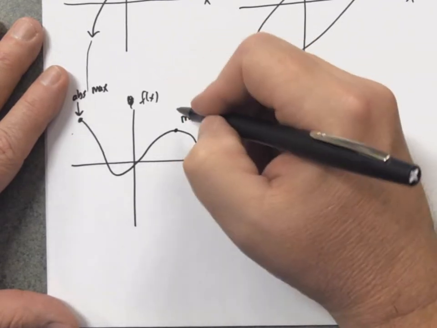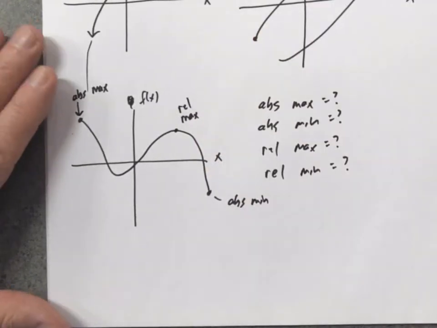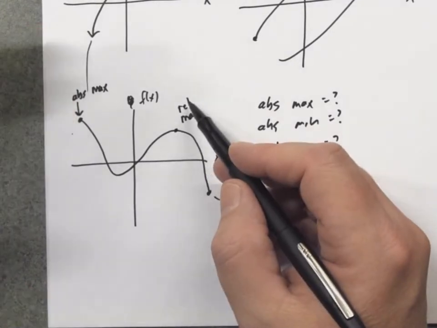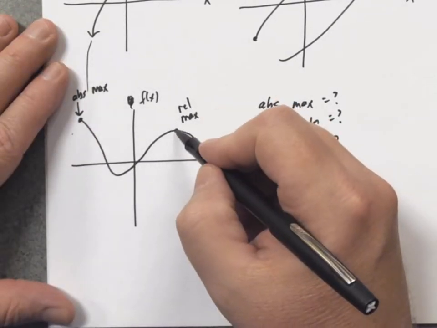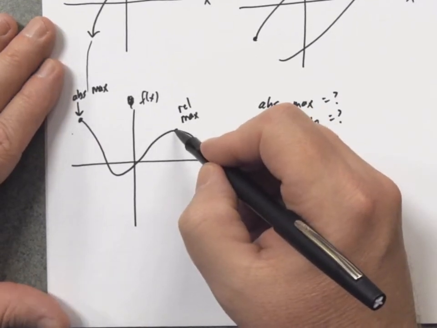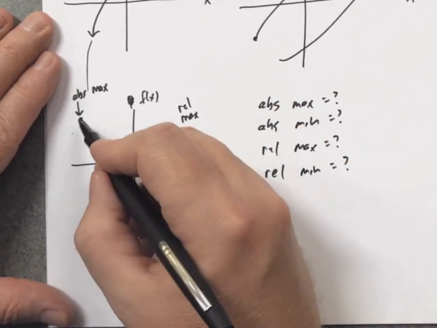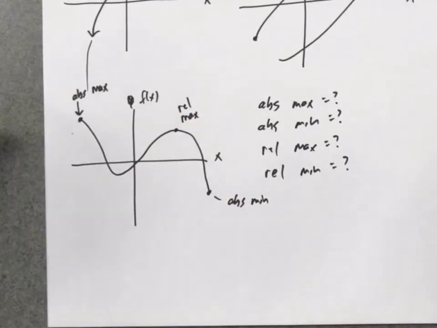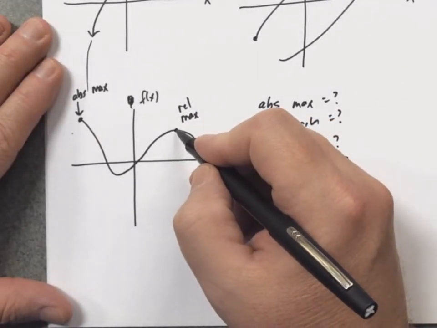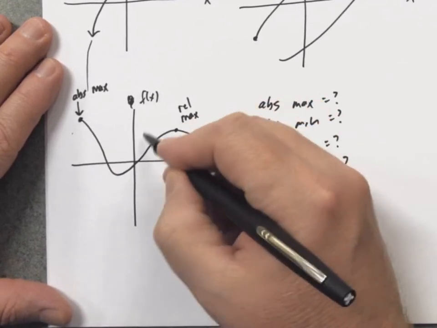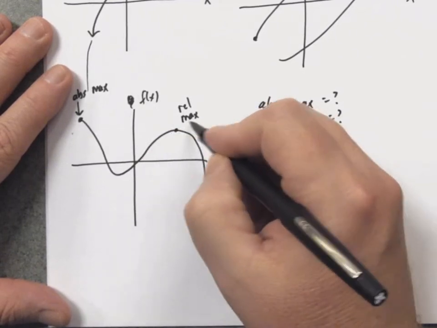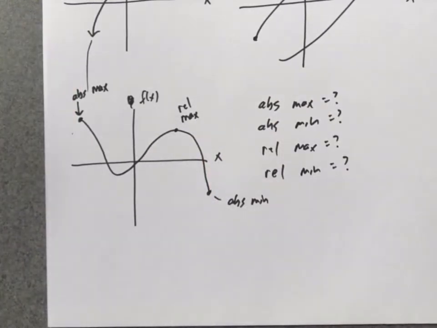Legally, in terms of the math world, this is really called a relative maximum, because relative means it's conditional, meaning this is the maximum point for this part of the graph, but not for the whole graph. The maximum point for the whole graph is over here, which is why we call this point the absolute maximum. We like to call this point a maximum, and it is, but it's a maximum for this part of the graph. We say this is a maximum relative to what's going on here, which is why it's called a relative maximum.